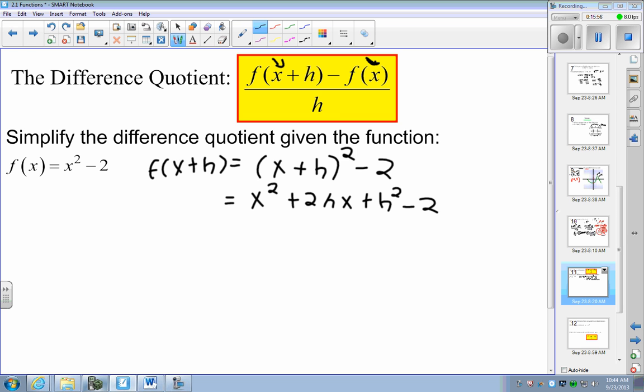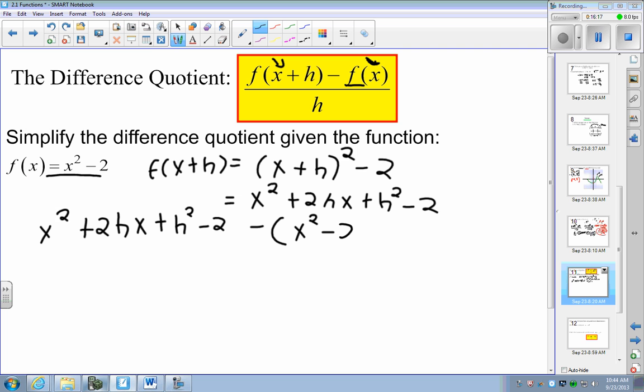All right, so we'll have x squared plus 2hx plus h squared minus 2. And now we're going to substitute this f of x in right here. So I'll have minus x squared minus 2 all over h. Now don't forget that negative sign is going to distribute to here and to here.